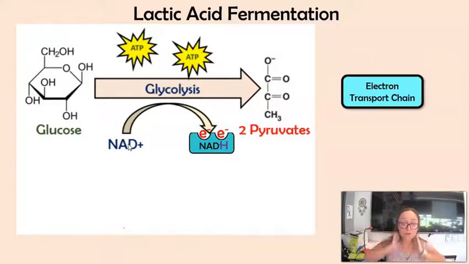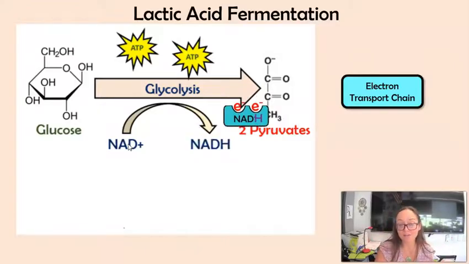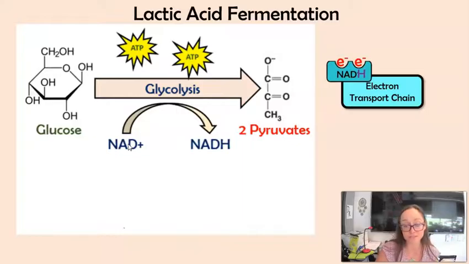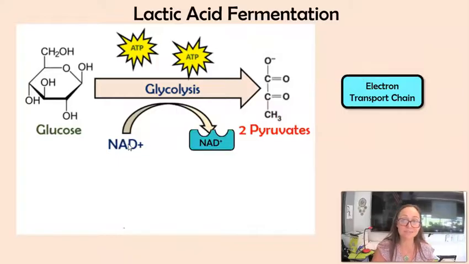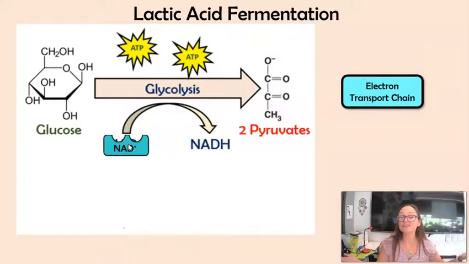Normally, in aerobic conditions, the electron carrier would head over to the electron transport chain where it'll be oxidized. It's going to donate its electrons and hydrogens into the ETC. Now that electron carrier can be reused, and glycolysis and the Krebs cycle can continue. So we absolutely need NAD+ for glycolysis to occur.